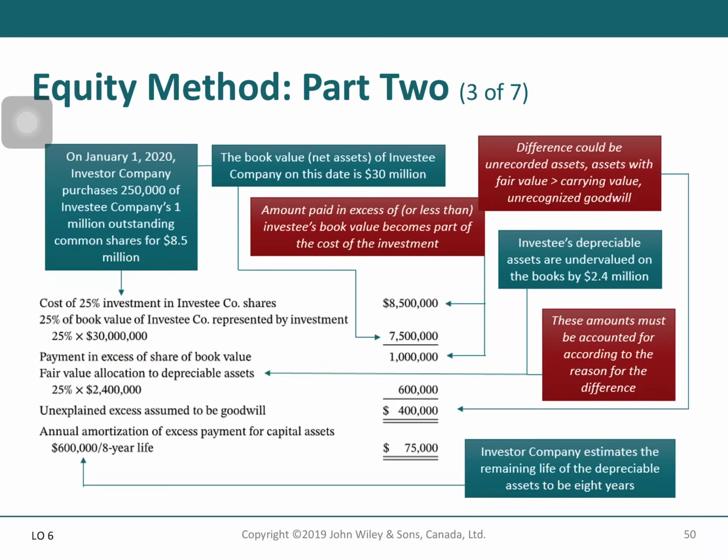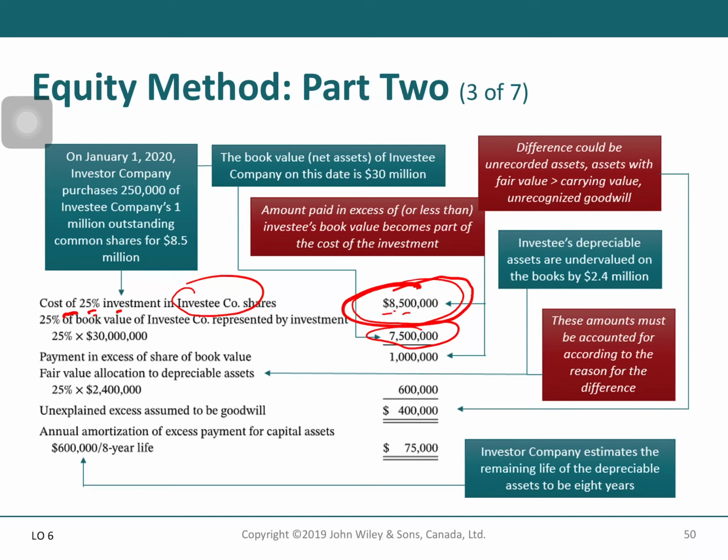Okay, so let's say this is another example. Cost of 25% investment in investee company shares. So you invest in this company as much as 25%, so you pay 8,500,000, but the book value of the investment is 7,500,000.